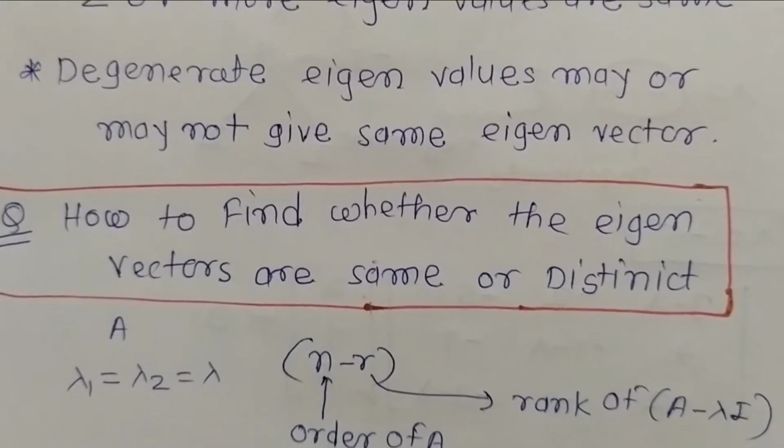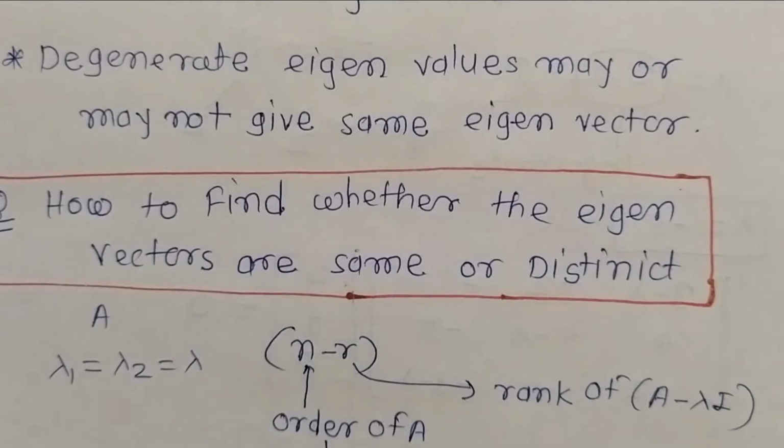Suppose these two eigenvalues lambda 1 and lambda 2 are both the same.